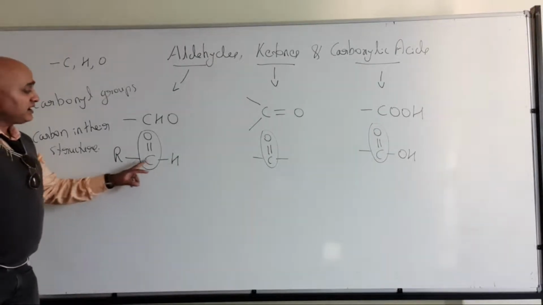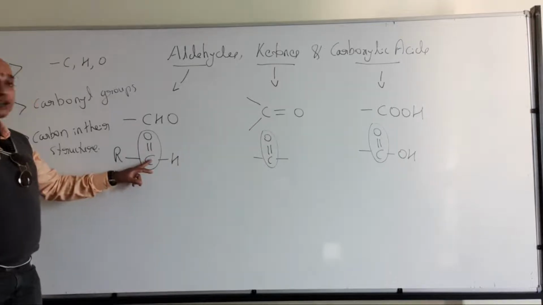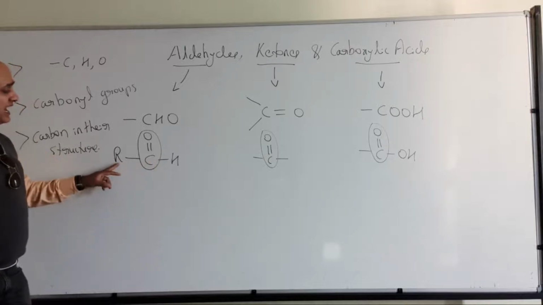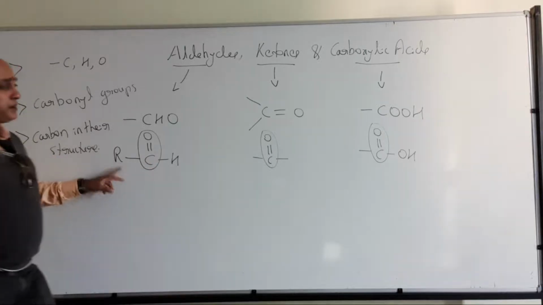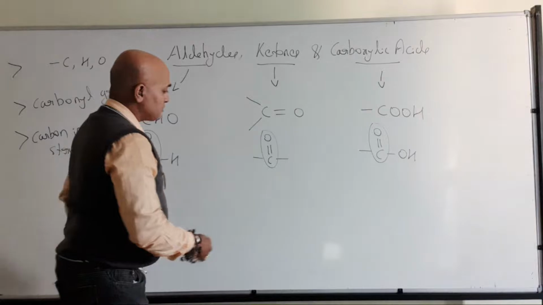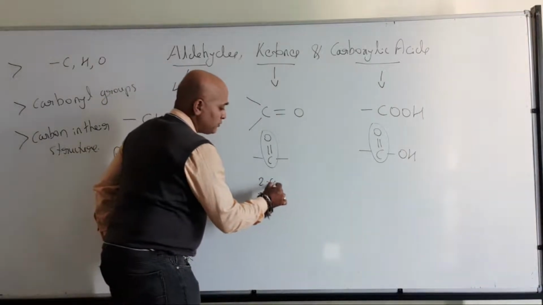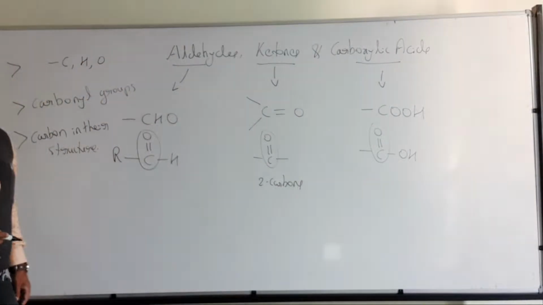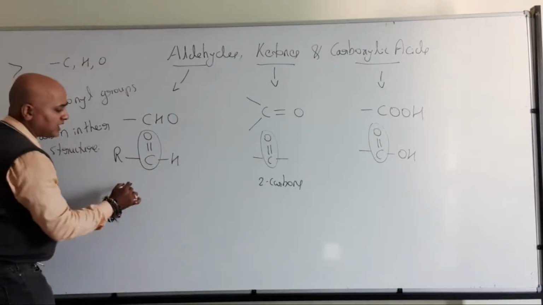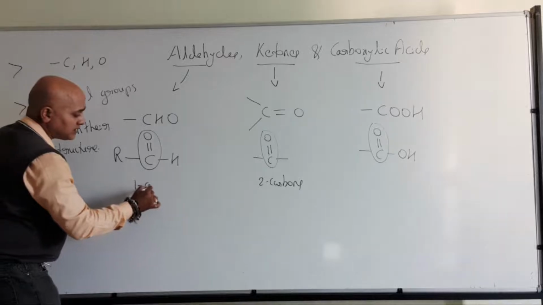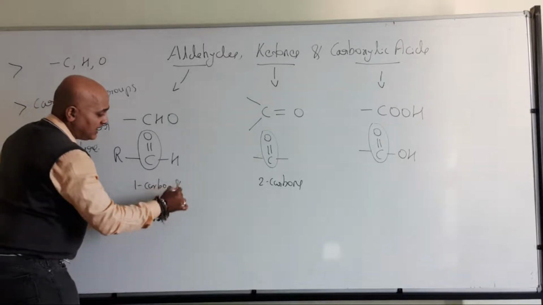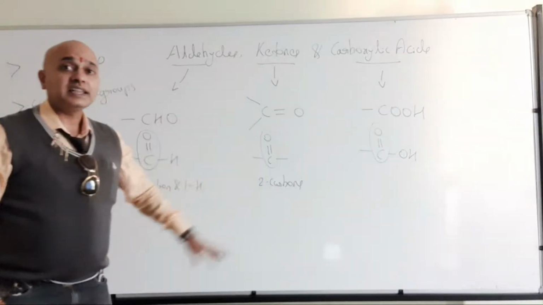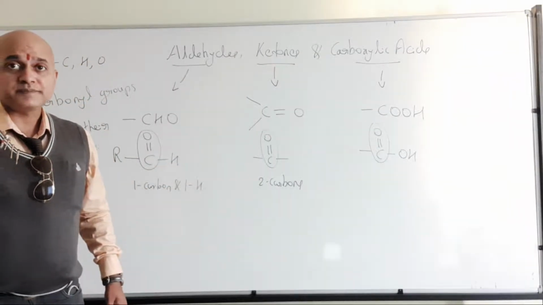So here the carbon is a carbonyl carbon. In aldehydes, the carbonyl carbon is attached with one hydrogen and one other carbon. But in ketones, the carbonyl carbon is attached with two carbons, no hydrogen.